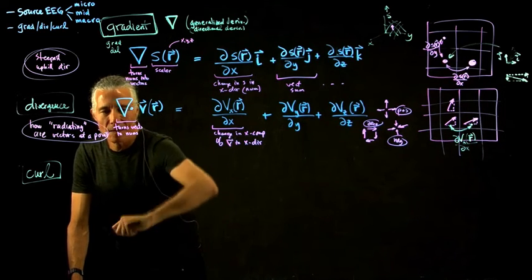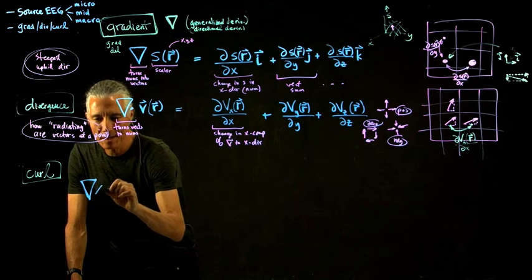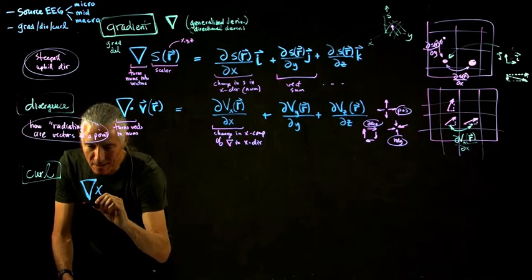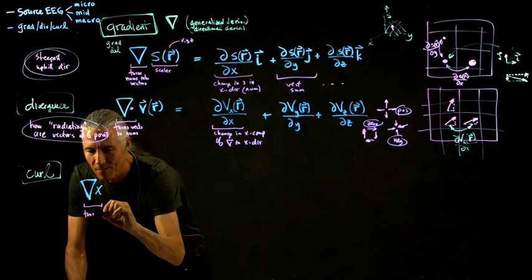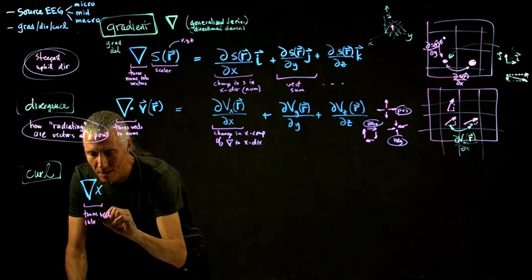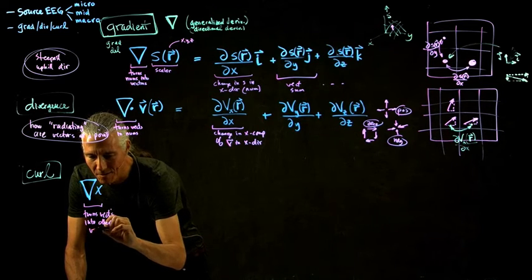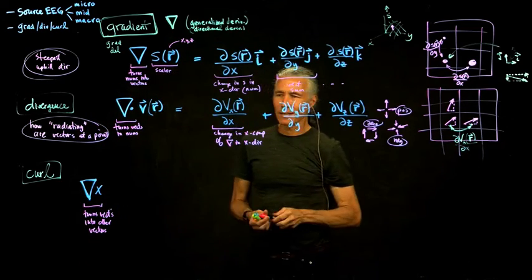Curl is the worst one in terms of the total number of things there, but it's written like that. And you should think of that as the whole thing. And this one turns vectors into other vectors. And so this is cross product like.